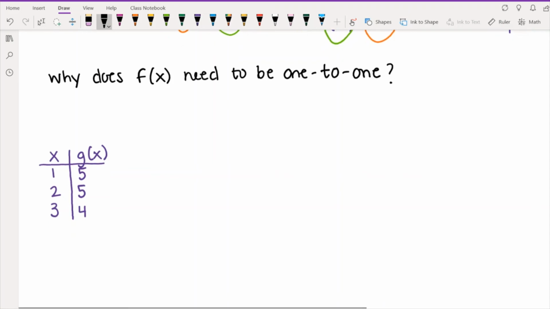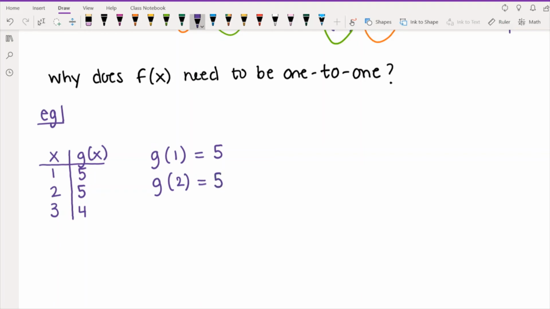Let's see what would happen if we tried to do the same thing we did above with this function. This is from the beginning of the video. Again, it's a function, but it's just not one-to-one. Based on this function, we know that g of 1 is equal to 5, g of 2 is equal to 5, and g of 3 is equal to 4.